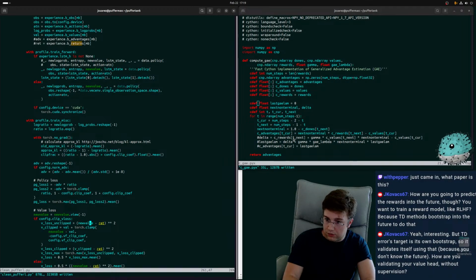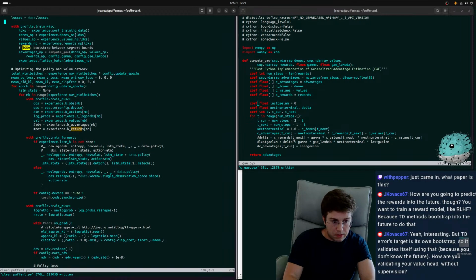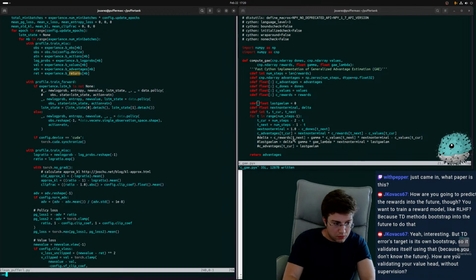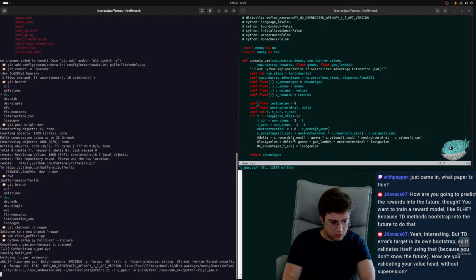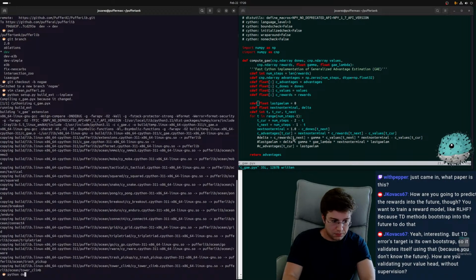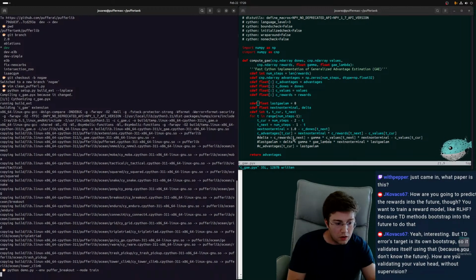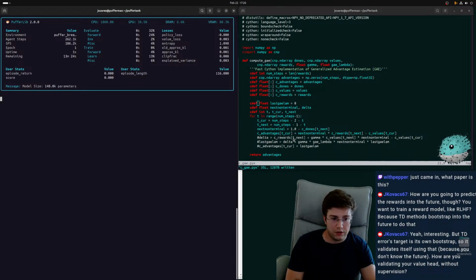Advantages plus values. Yeah, that ends up being the same. This is just one step prediction, so this is going to suck.